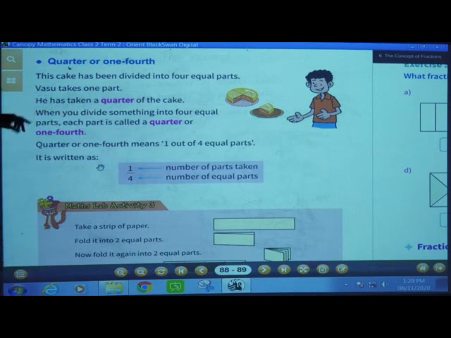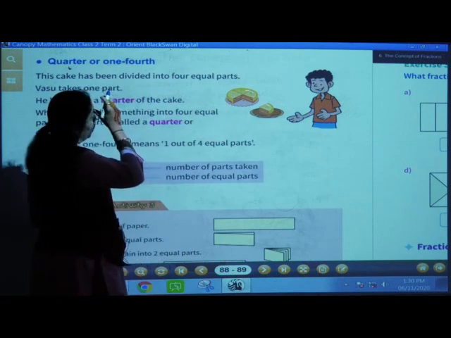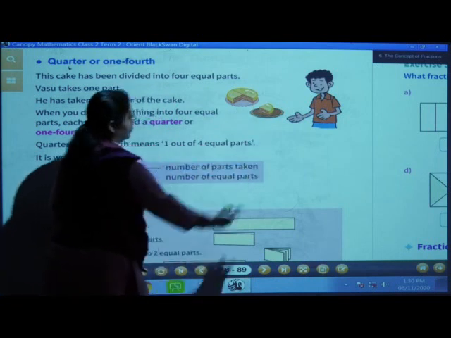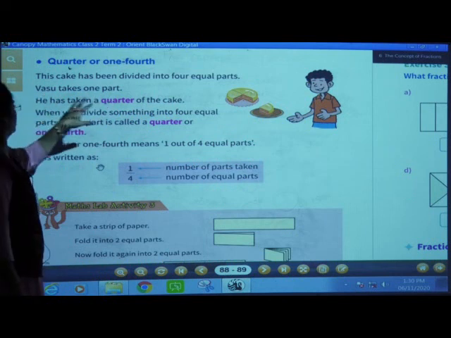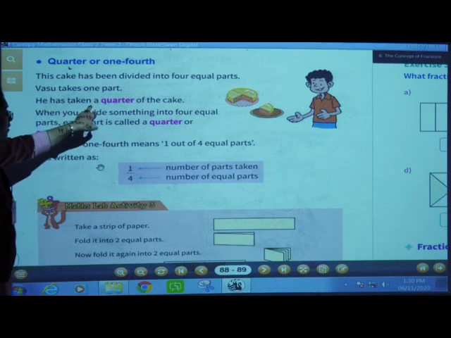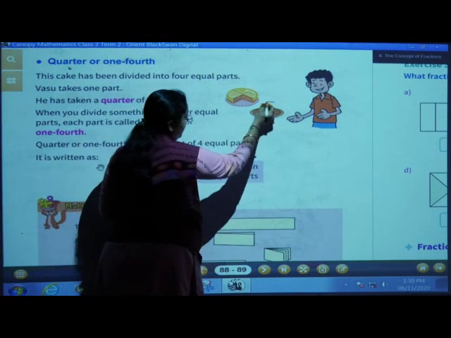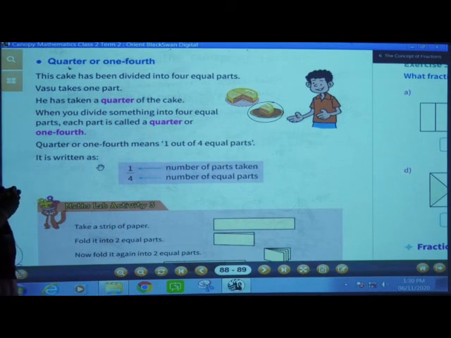See, this cake has been divided into 4 equal parts. 1, 2, 3 and this one is 4. Vasu takes 1 part. He has taken a quarter of the cake.